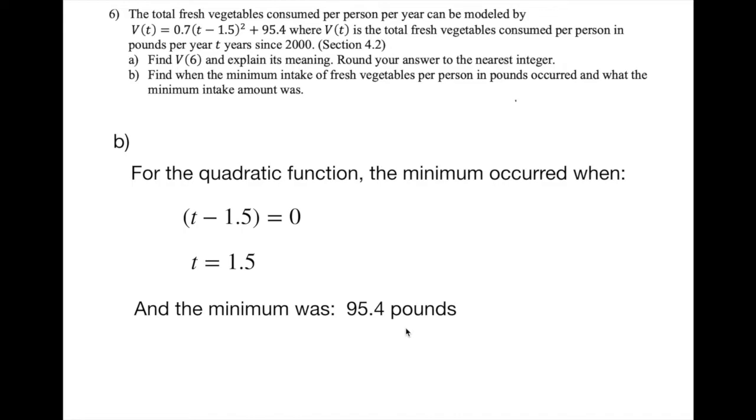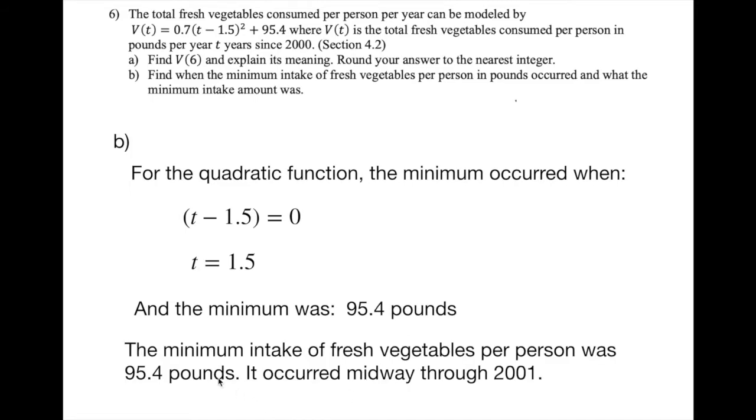So if we write the final conclusion, that would be the minimum intake of the vegetables was 95.4 pounds, and it occurred when t equal to 1.5. So if you look at t is the year since 2000.